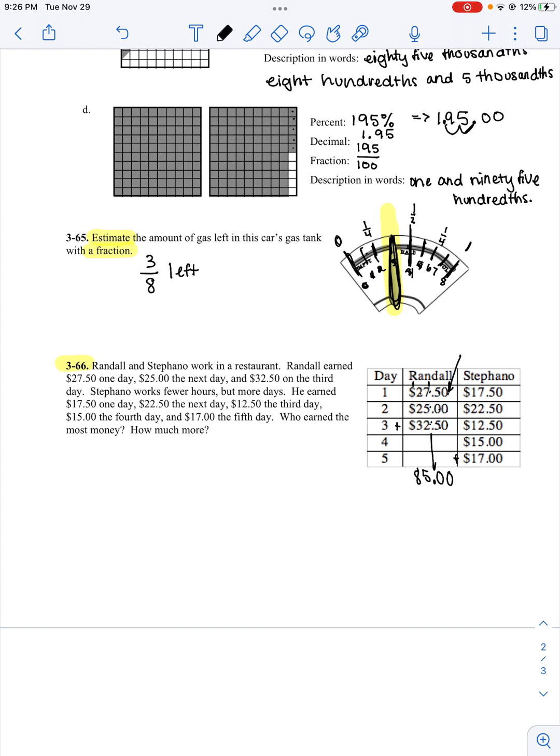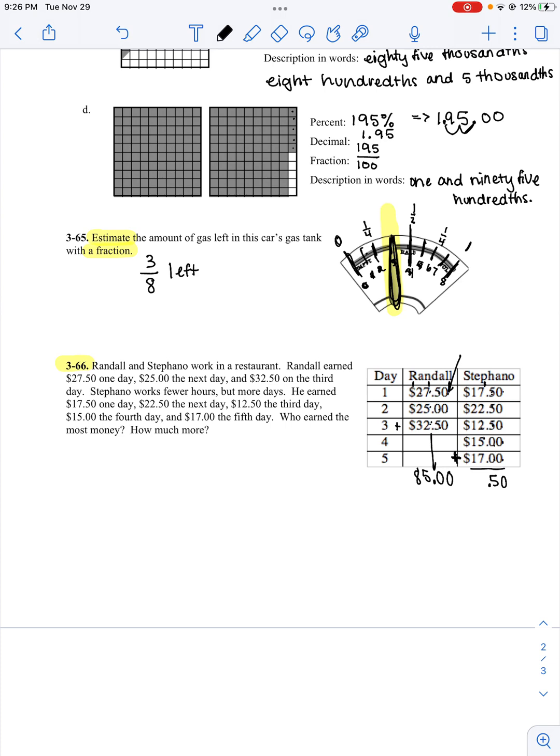Okay, now moving to Stefano. Again, I'm going to use this table to help me add. 0 plus 0 plus 0 plus 0 plus 0 is 0. I have 5 plus 5 plus 5 plus 0 plus 0. So 5, 10, 15. Carry my 1. 7 plus 1 is 8. Plus 2 is 10. 11, 12.